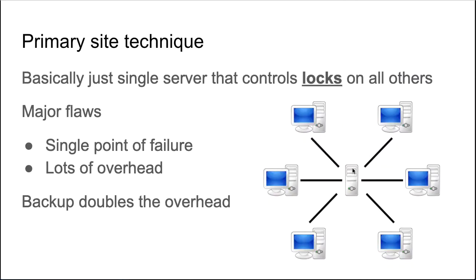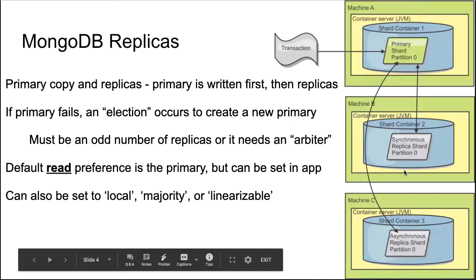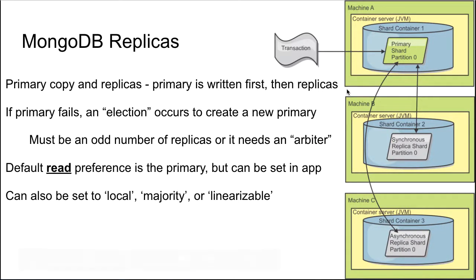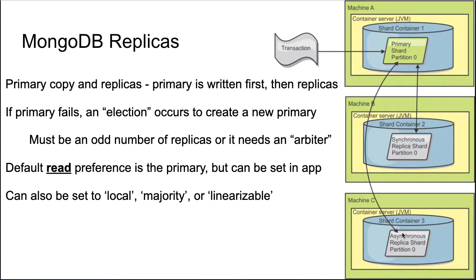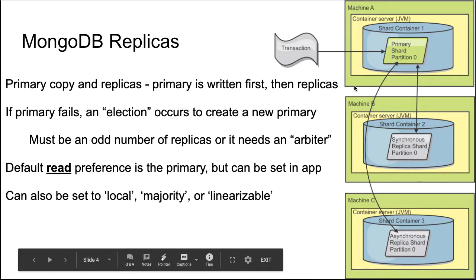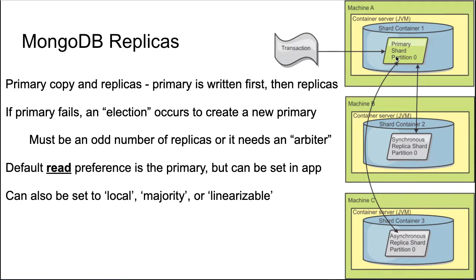So you still have this idea of a main server, and then you have all these secondary servers. And what happens ideally is that the primary server is written first, and then all the replicas are written. So the idea is that in this case, you're going to be reading from these other guys, but you're going to be writing to your primary server. And that kind of keeps the load a little bit more distributed and also keeps the primary updated.